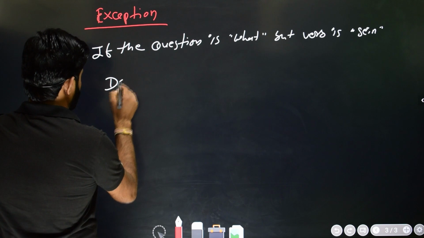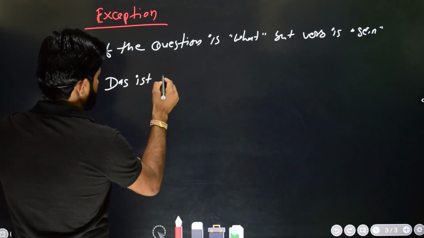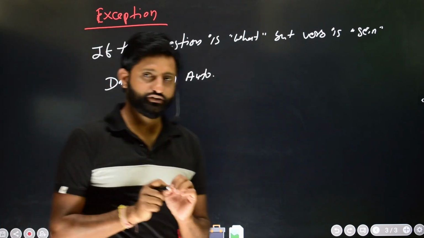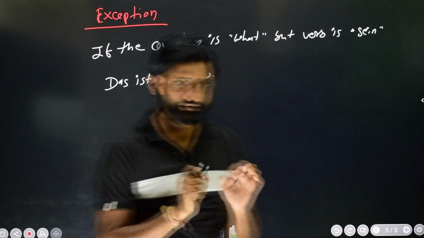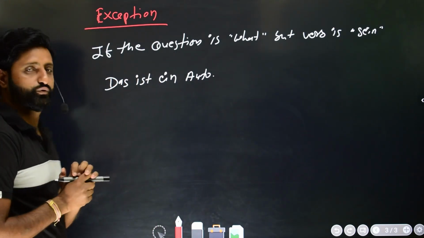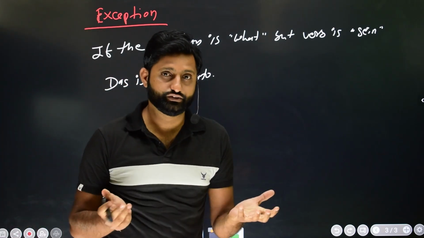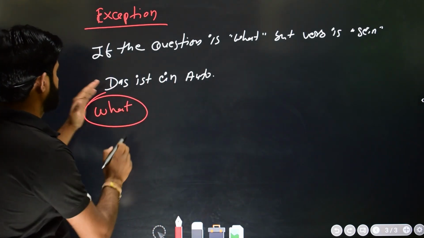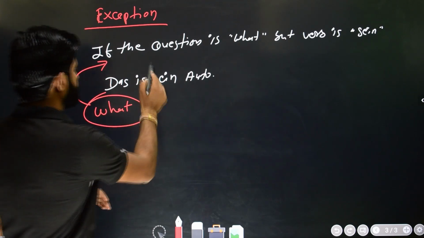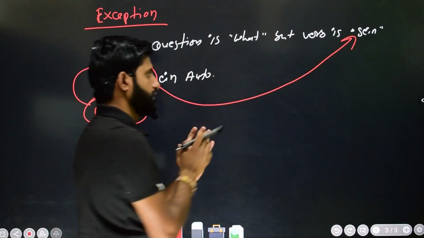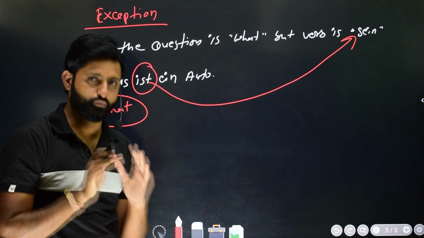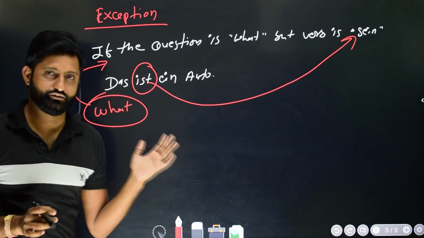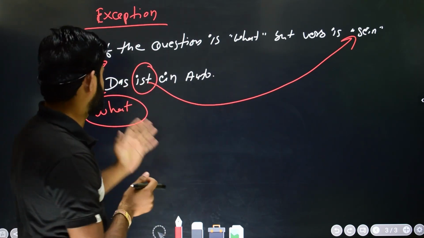Like: Das ist ein Auto. Das ist ein Auto means this is a car. If I ask you to make a WH question, then you will make it like: what is this? So you can see that the question is with what, but this is the sein verb. That means if we have a question with what, but the verb is sein, then this will be a nominative case, not the accusative case. So this is an example.